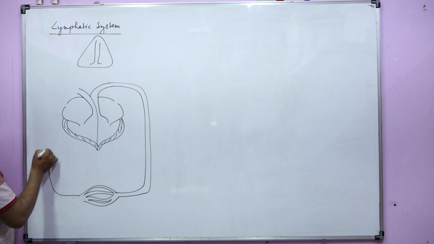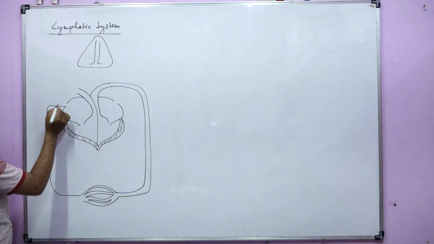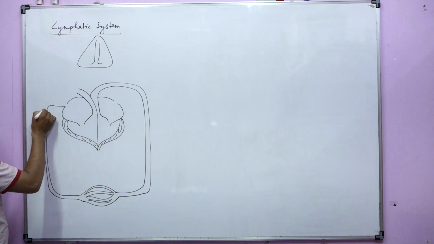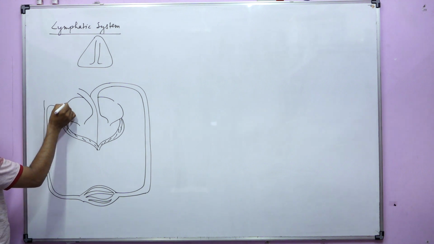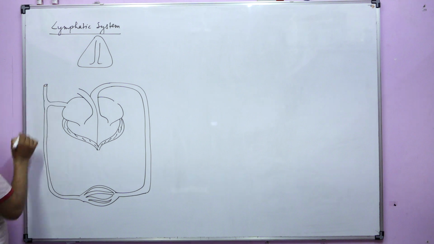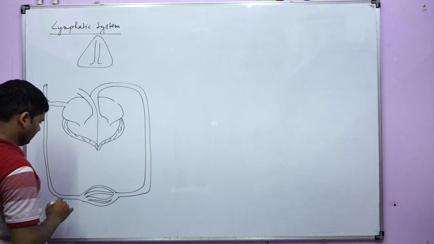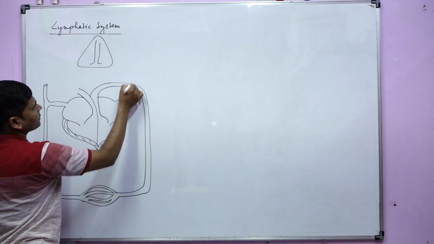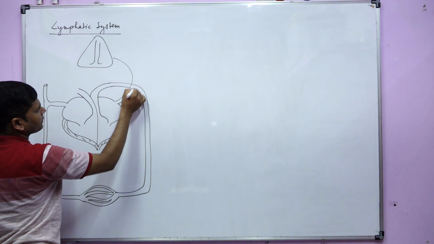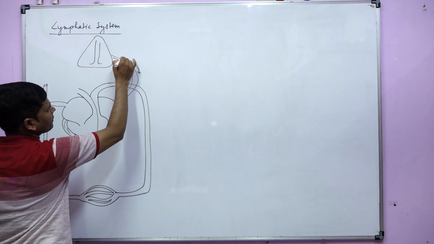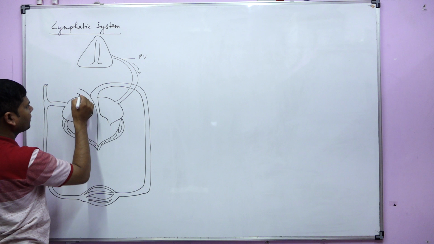These capillaries, let us join. There is a blood vessel which brings oxygenated blood from the lungs, we call it the pulmonary vein.